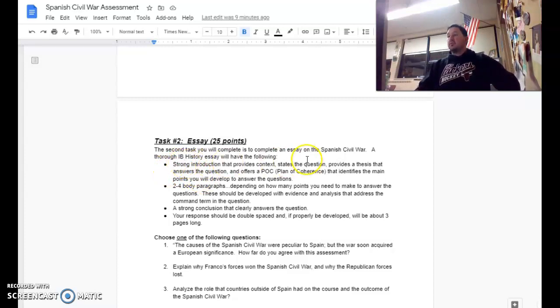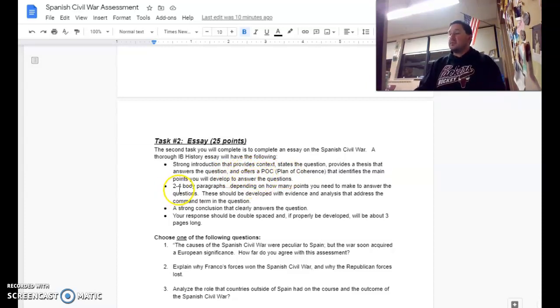The second task, you'll complete an essay on the Spanish Civil War. And this is throughout the year, we've been working and focusing on writing a strong introductory paragraph. Now you'll complete the process. You'll be writing a strong introduction that provides context, that states the question, that states a thesis, that you take a position, that you're making an argument, and a plan for how you're going to prove it in that introductory paragraph.